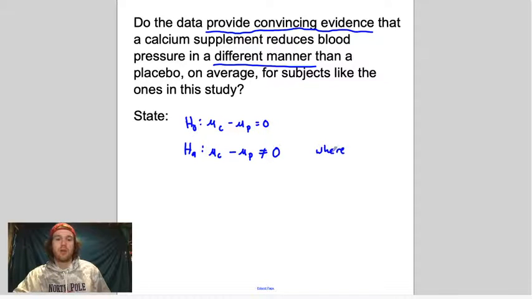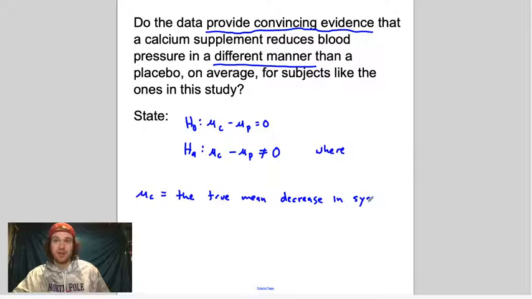Okay, where mu sub c is equal to the true mean decrease in systolic blood pressure. Okay, now this is not for people in our study.